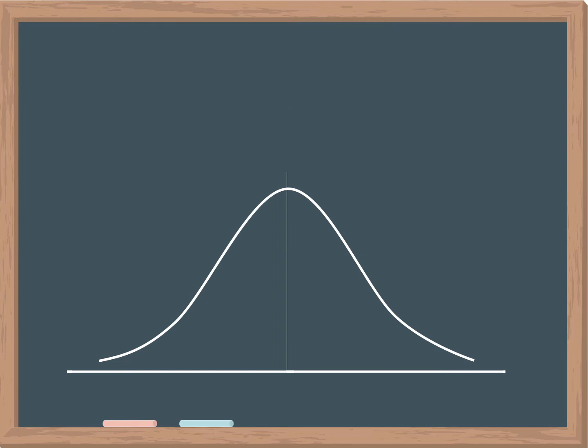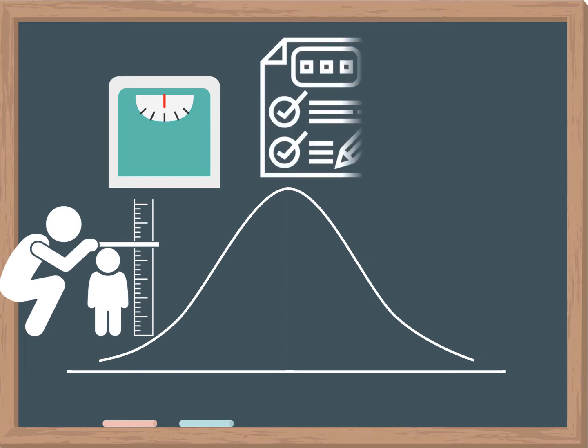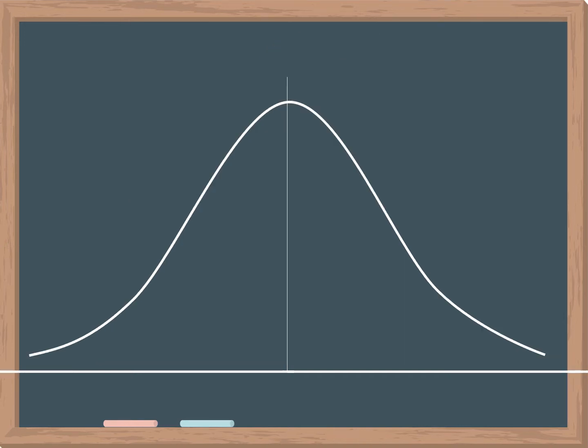The normal curve represents many common variables we encounter daily, such as height, weight, scores, length, or temperature. Let us have height as an example. For Filipinos, the average adult height for male is 163 centimeters.